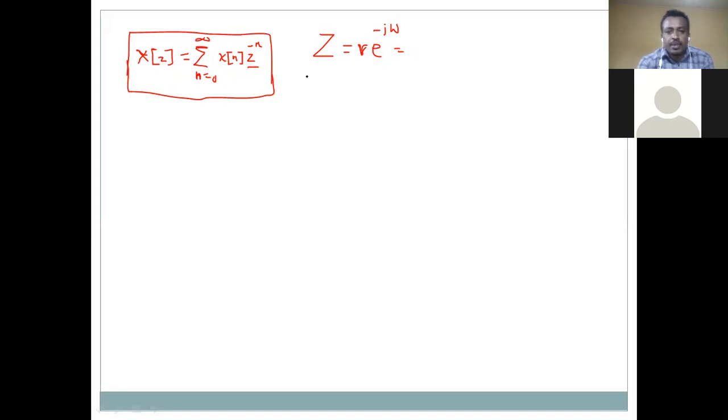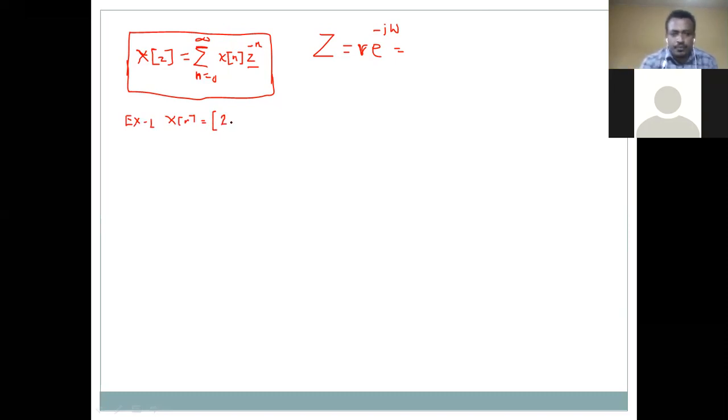So let's take the first example, example 1. Let's take a discrete time signal x of n, which has samples 2, -3, -1, and 4.